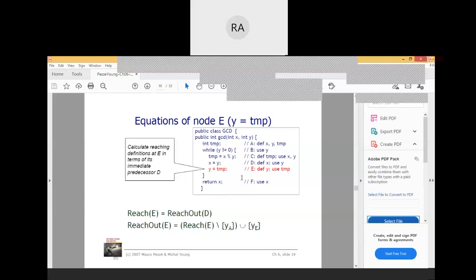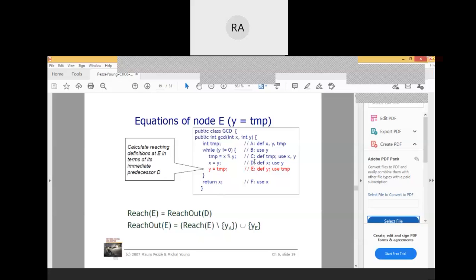Calculating the reaching definition at E: this is the E block, that is y = 10. How can I compute reaching definition at E in terms of its immediate predecessor? D is the immediate predecessor for node E. How can I compute the reaching definition of node E in terms of D?